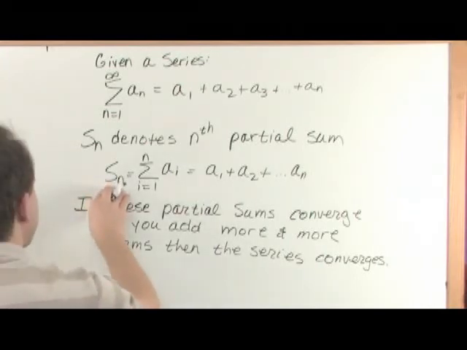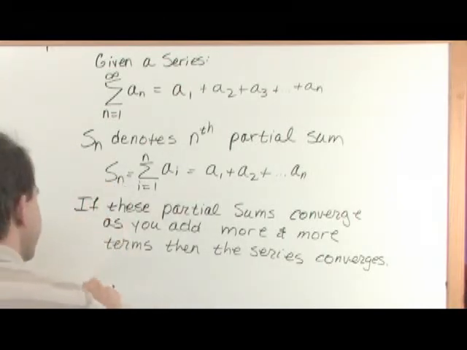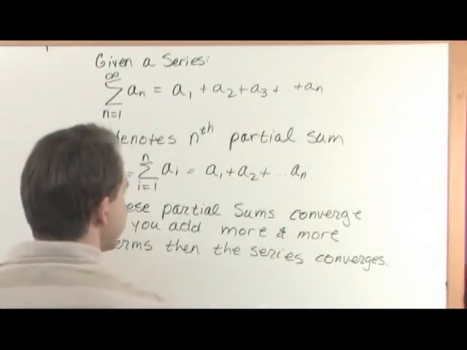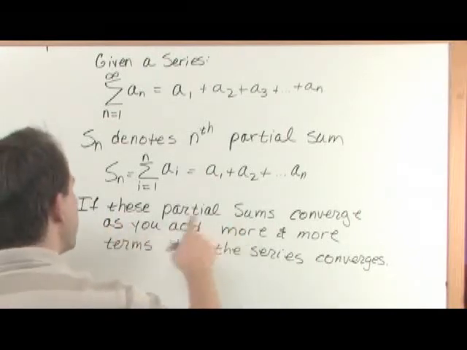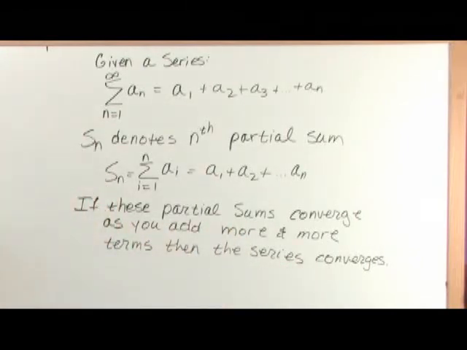You have these partial sums, and they're defined as only adding up the first n number of terms in the sequence. As you go bigger and bigger in n, the S sub n, you're adding up more and more terms, okay? If these partial sums, which are these mini summations of this guy, converge, which means they just approach an actual number, as you start to add more and more and more terms, if they start to level off and converge, then we say that the series converges to that number, okay?